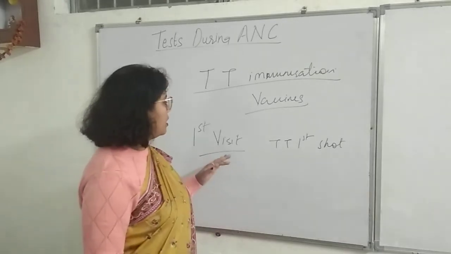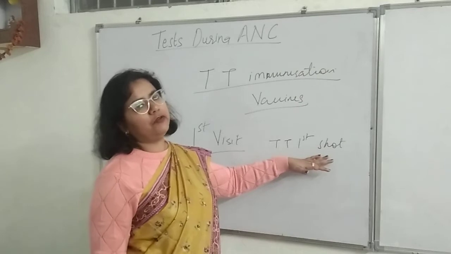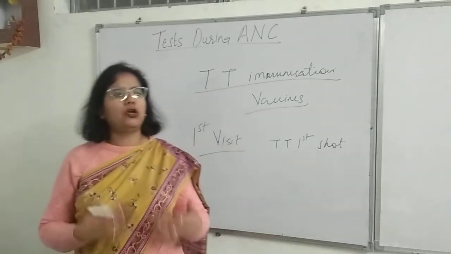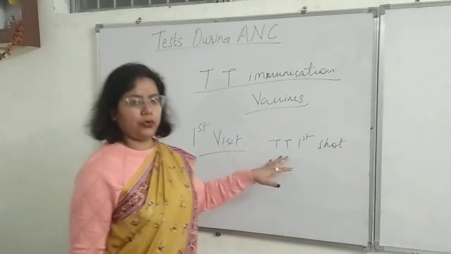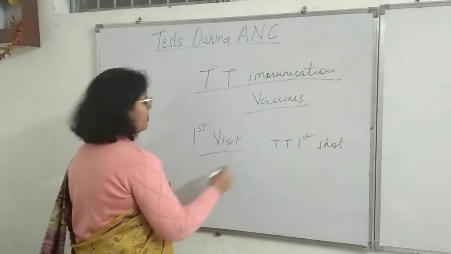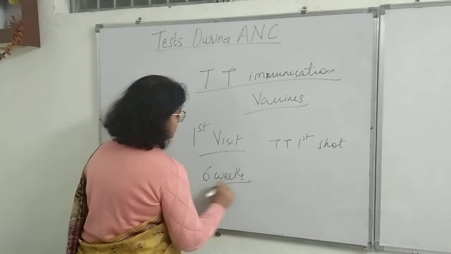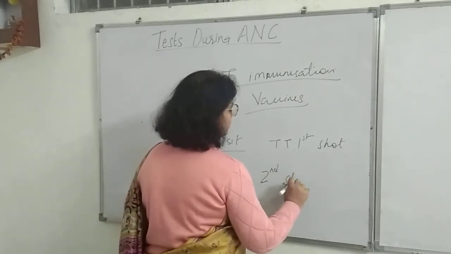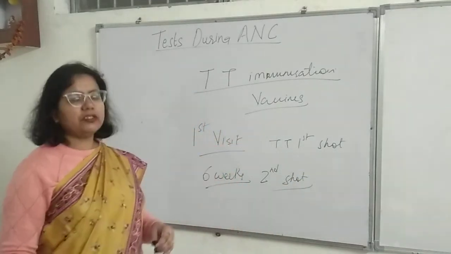Okay, so her first visit, give her first tetanus shot, irrespective of her period of gestation. Either she is 8 weeks or 7 weeks or 12 weeks or 20 weeks, whenever she is coming to you, give her first shot. And preferably after 6 weeks, tell her that her second shot has to be given around 6 weeks later, while giving the first shot.